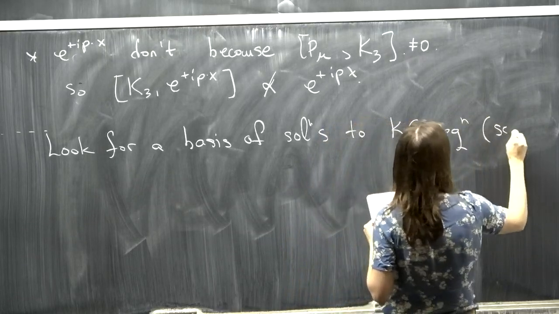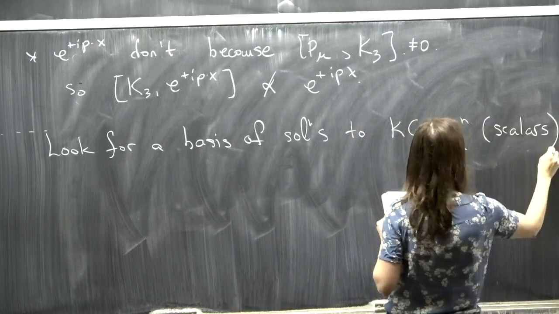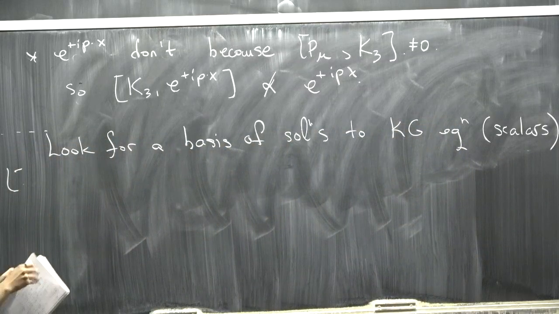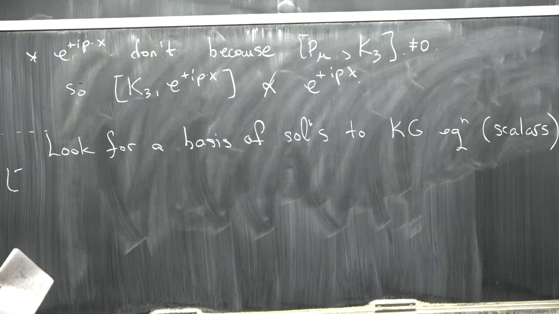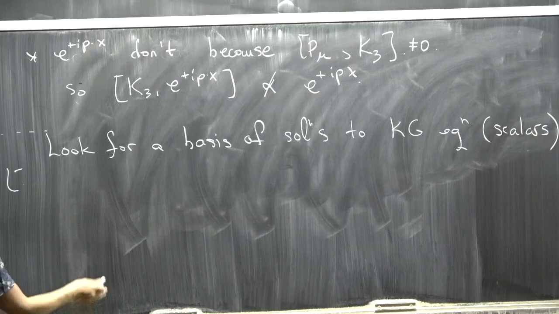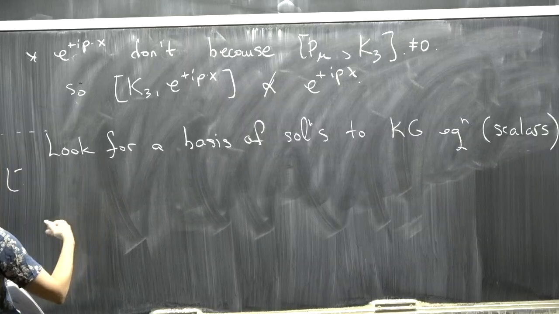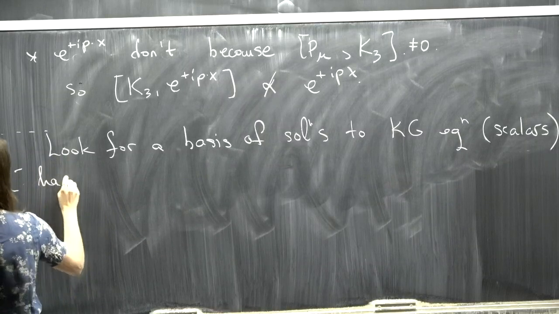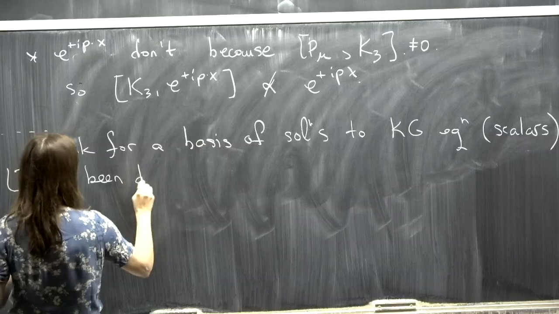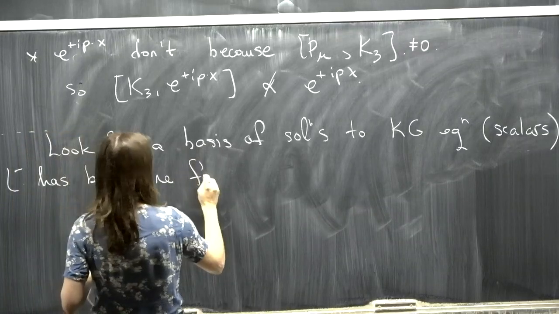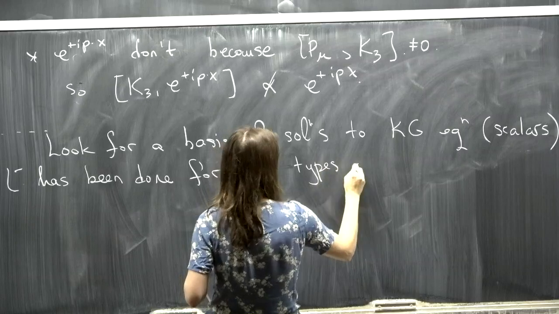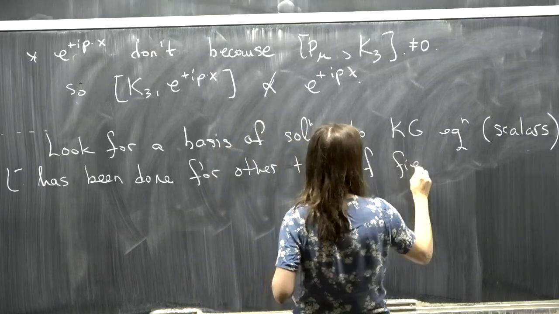This would be for scalars, but people have done this also for your favorite bosonic particle or even fermionic particles, and you can also do it for helicity, for photons, gravitons, and so on and so forth. So it has been done for other types of fields too.